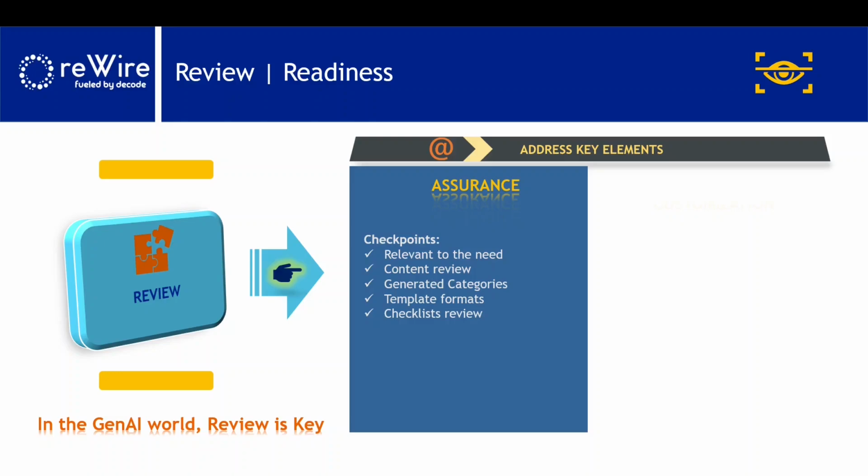And then you need to review the content. Okay, and then the generated categories: what categories it has generated, and is there anything additional required that you need to take. Whether the categories and the related information are appropriate or not, you need to check.